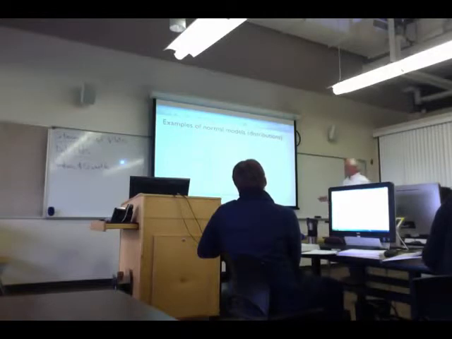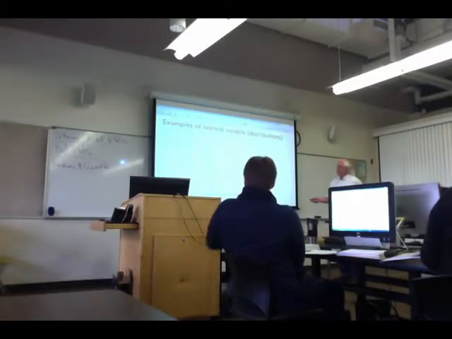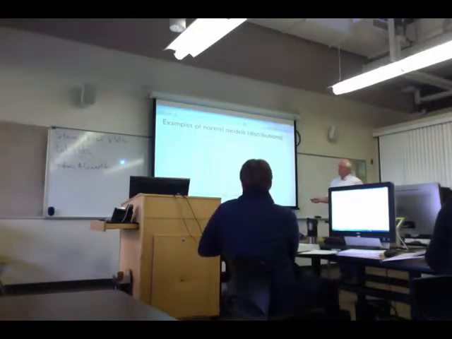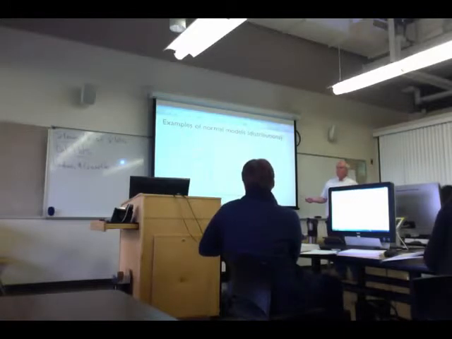Now the blue bell-shaped curve here, the first parameter, or mu, is equal to 0, and the second parameter, sigma, is equal to 1. This is also known as the standard normal model, or the standard normal distribution.